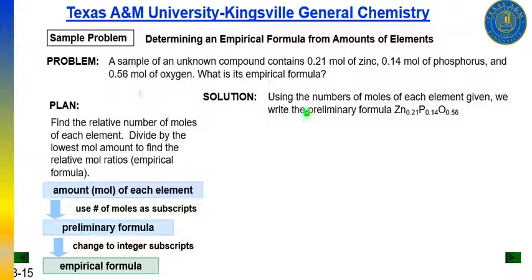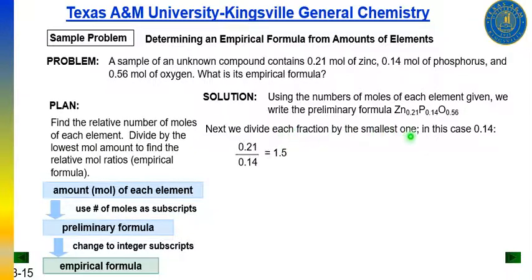Our solution. So here is our empirical formula. Step 1, simply use all these different numbers of moles for the different elements as the subscripts. Usually you put your metal first, and oxygen at the very last. This is a polyatomic compound.